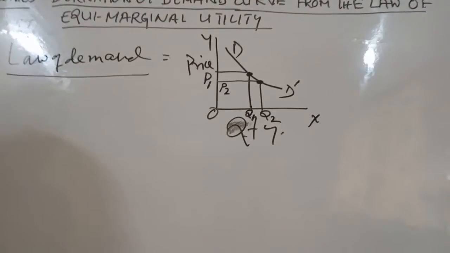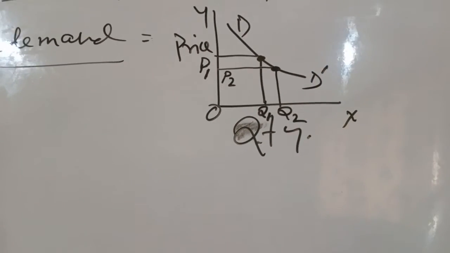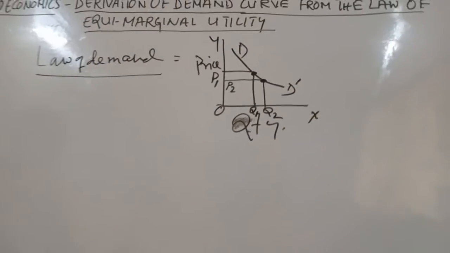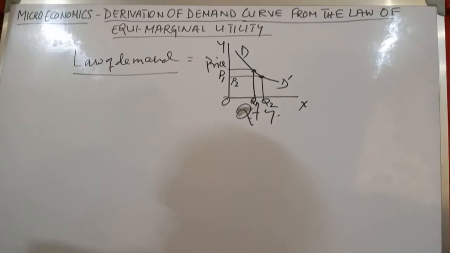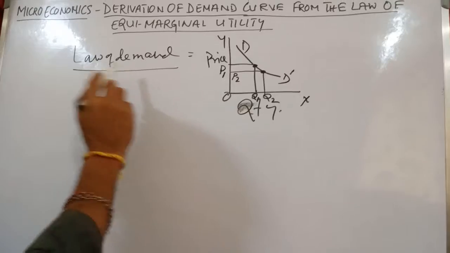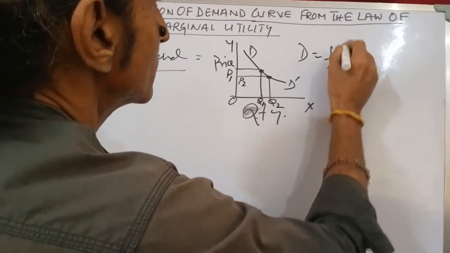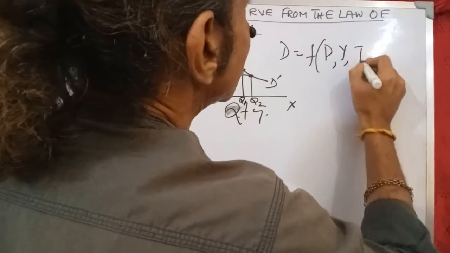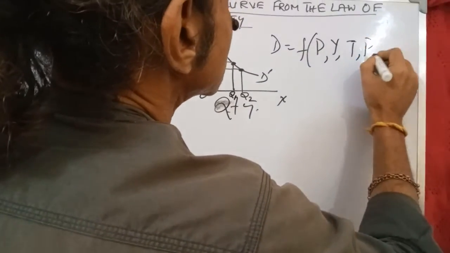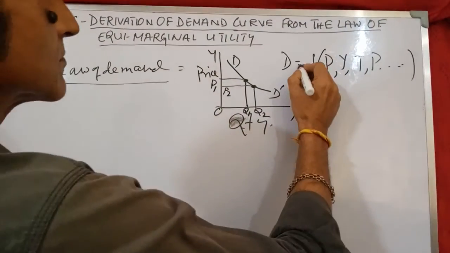Ceteris paribus assumptions are that other factors that influence quantity demanded remain constant. Only changes in price are considered in the law of demand. Demand is a function of price, income, tastes, preferences, and many other factors. Correct?